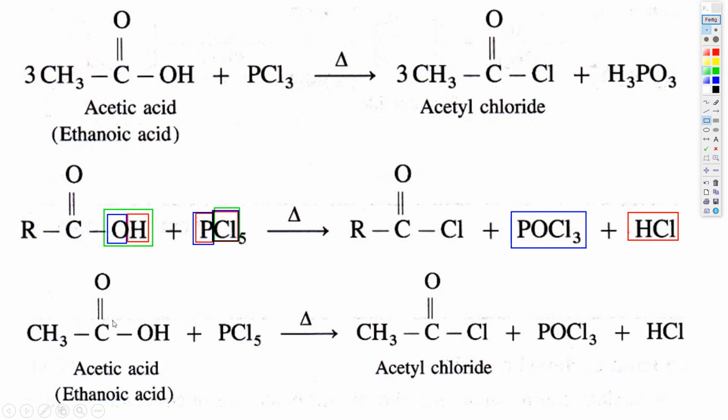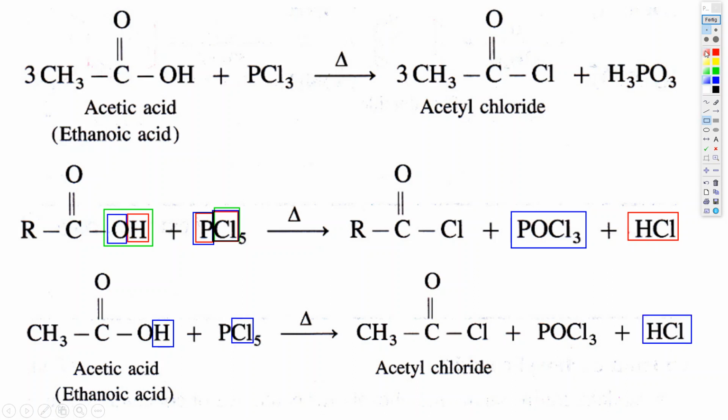Then its example, that is acetic acid and PCl5. The formula of acetic acid is CH3C=OOH, and its IUPAC name is ethanoic acid. So when acetic acid is heated with PCl5, phosphorus pentachloride, what will happen? Again try to write down its minor product. The first minor product: out of this OH group, one hydrogen atom, and out of the 5 chlorine atoms, one chlorine atom, will form the minor product HCl.